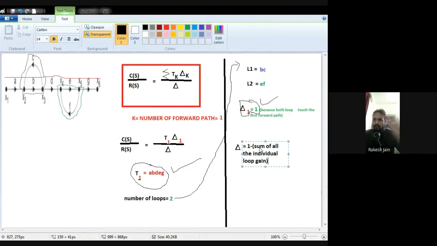Once I write down the formula, then I will show you, plus the sum of products of two non-touching loops.